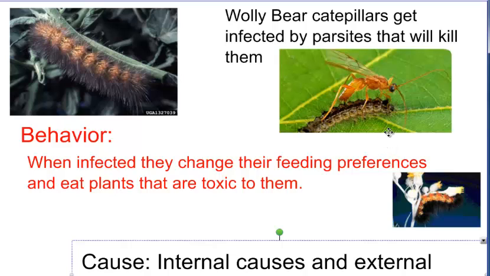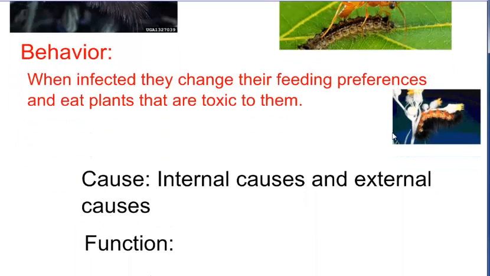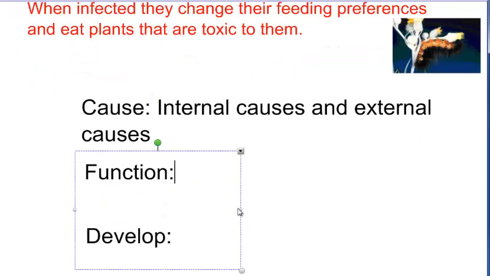You might think in this case that the parasite itself is the internal trigger because they're laid inside of themselves, but really it's going to be more the chemistry of the body as it responds to the attack. External causes are going to be the parasite, something outside of their body that triggers the behavior. You're going to elaborate on this when you take the test, okay? I'm not writing the whole thing out. I'm just giving you the framework.